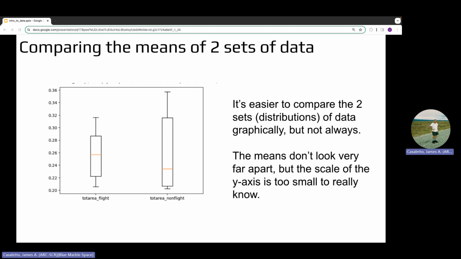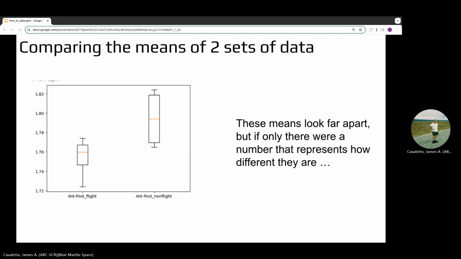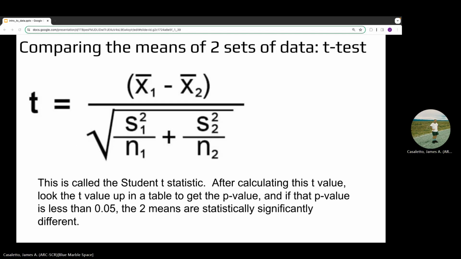The two box plots look similar, but the scale of the y-axis is too small to really know. In this example, the means, the orange lines, look relatively far apart, which would imply that the means are significantly different between the two groups. However, just using our eyes is not a very scientifically rigorous way to quantify that difference.